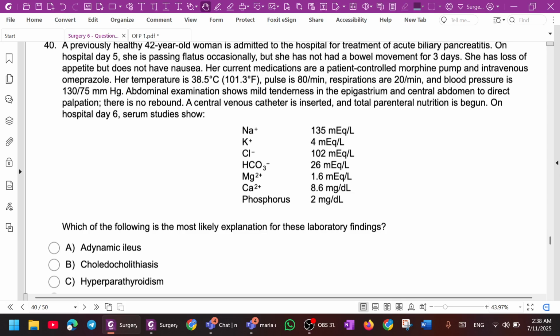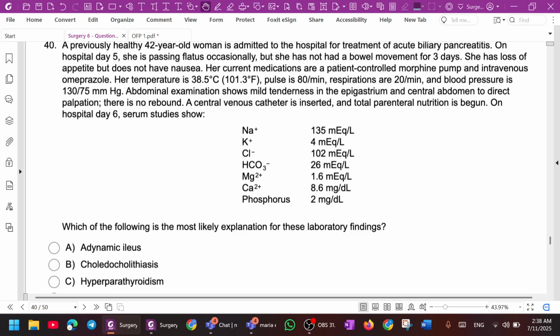She has lost appetite but does not have nausea. Her current medications are a patient-controlled morphine pump and IV metronidazole. Her temperature is 38, pulse is 80, respiration 20, blood pressure 130 by 75.